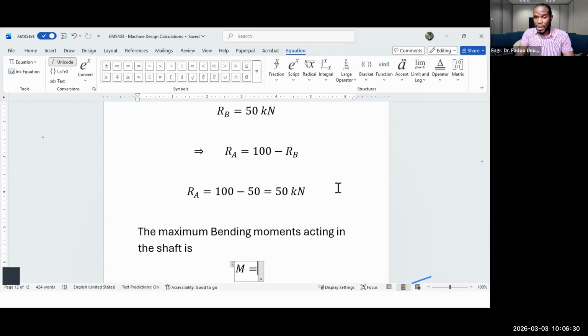We are only concerned about the magnitude. So if you want, you can take the modulus of that value. And we say that's 5,000 kilonewton millimeter, which we can express as 5 million newton millimeter, or 5 times 10 raised to the power 6 newton millimeter, right?